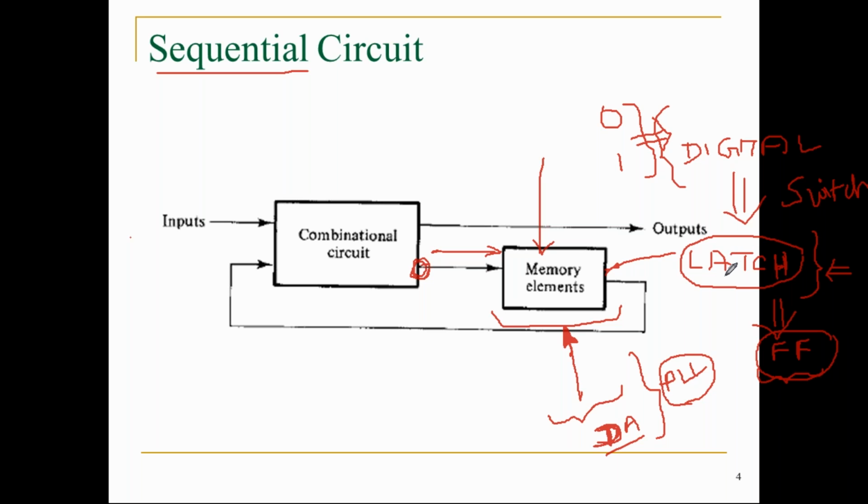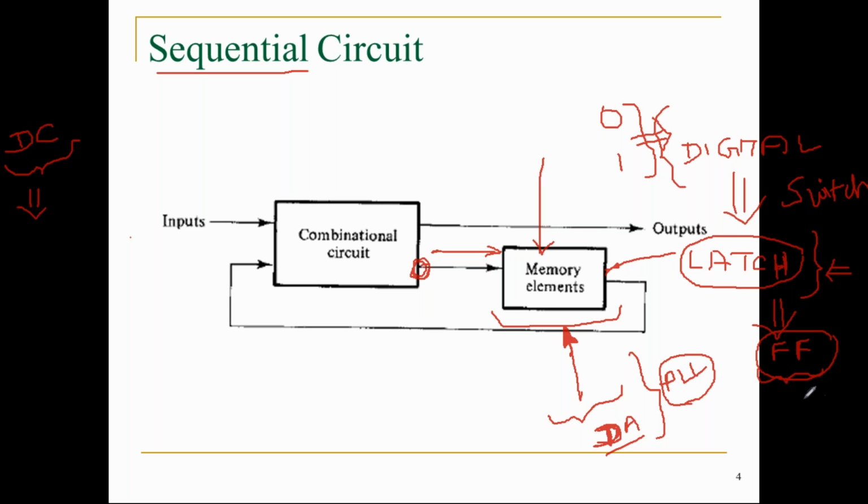If you understand what is meant by latch and what is meant by flip flops, that's the digital computers. Those are the applications and operations of digital computers, since all recent digital technologies are purely based upon this concept.